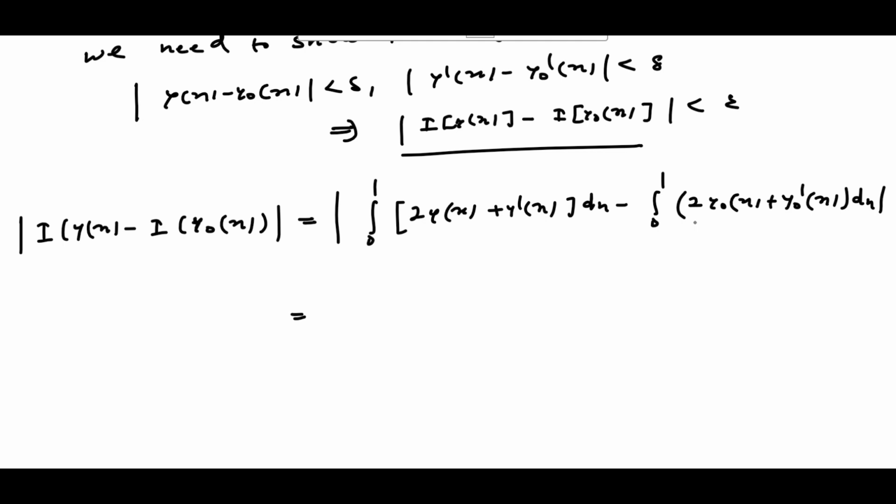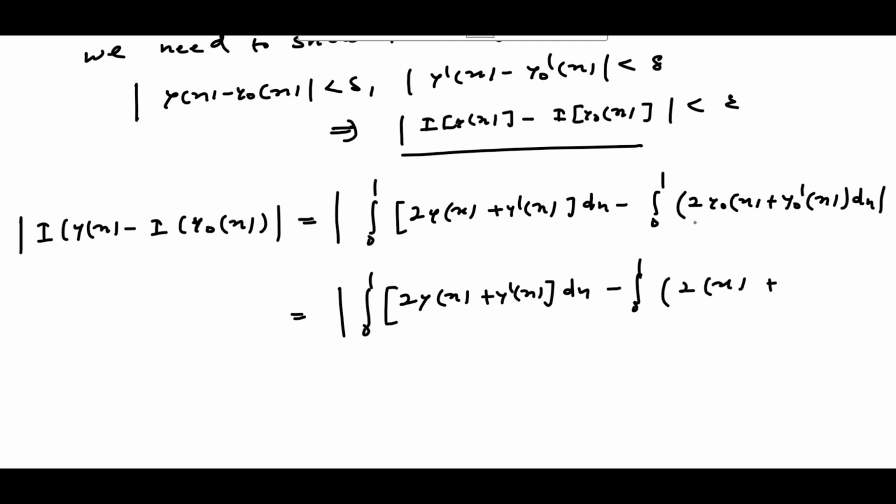So this is equal to the mod of the integral from 0 to 1 of 2 times y of x plus y dash of x dx negative the integral from 0 to 1 of 2 times y naught of x, which is given as x, and its derivative is 1, dx.